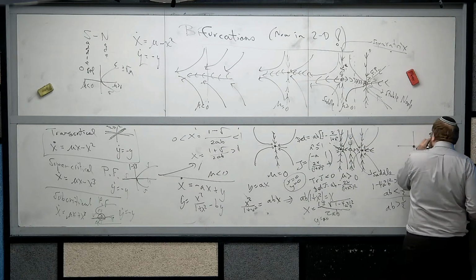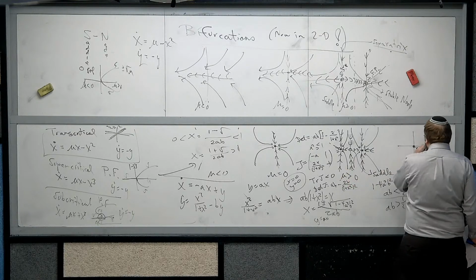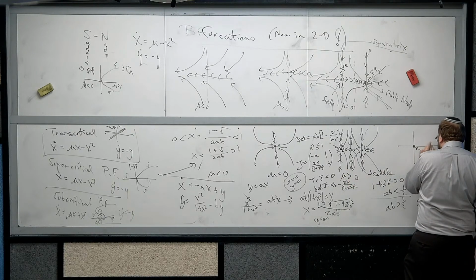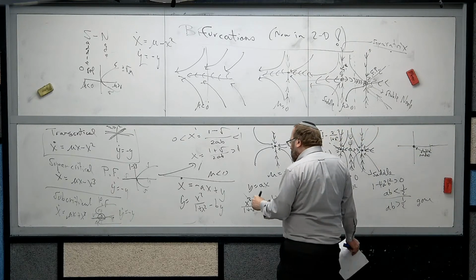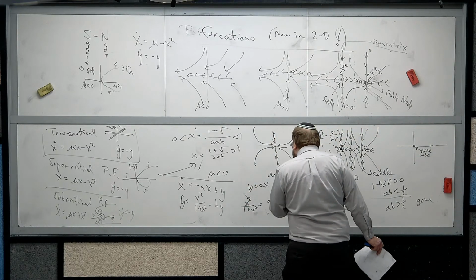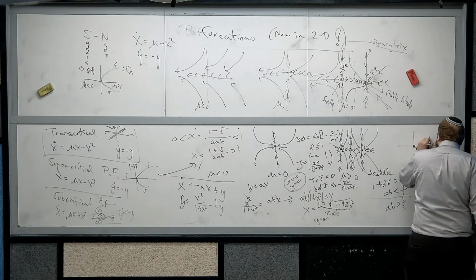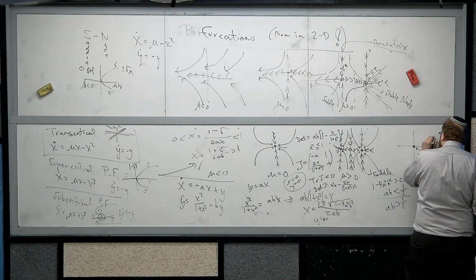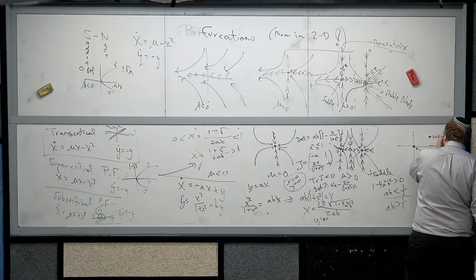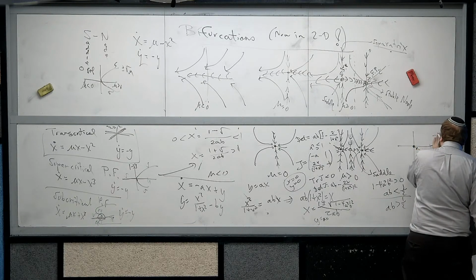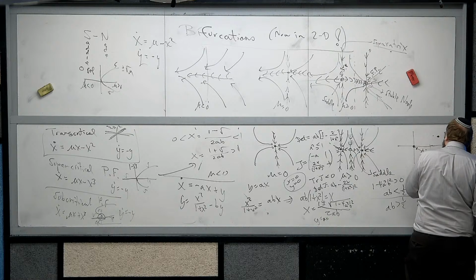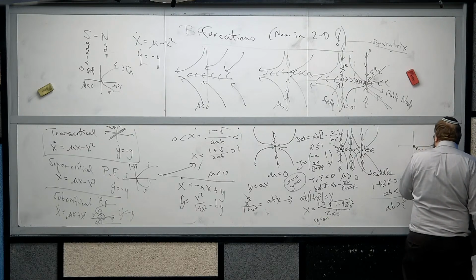So we have this one at x greater than 1, and y equals ax, so it's up here, and that is a stable node. And we have one that's slightly bigger than 1, so it's like here. And the other one is down here, and that's unstable.